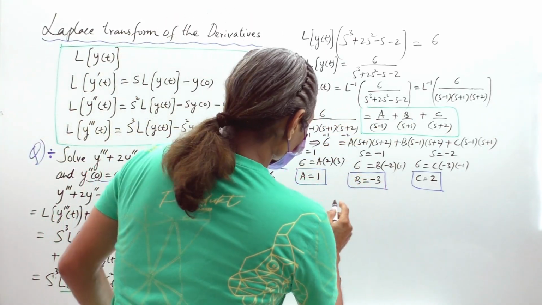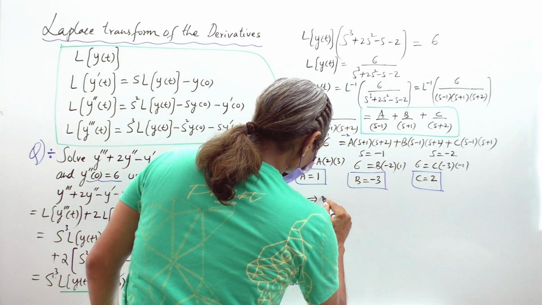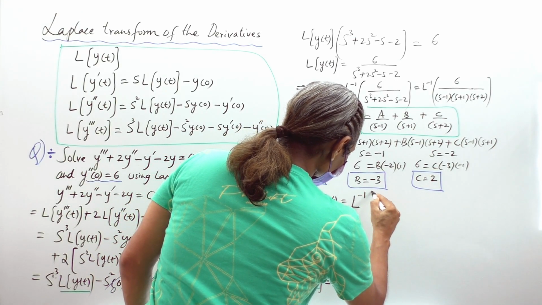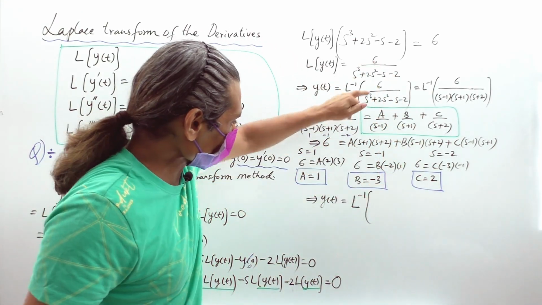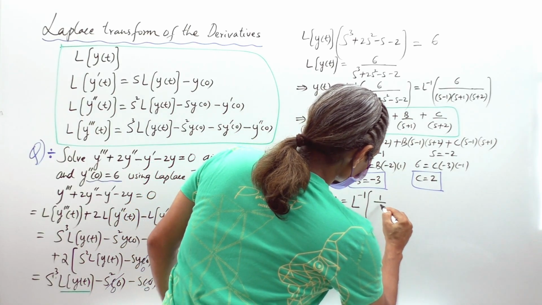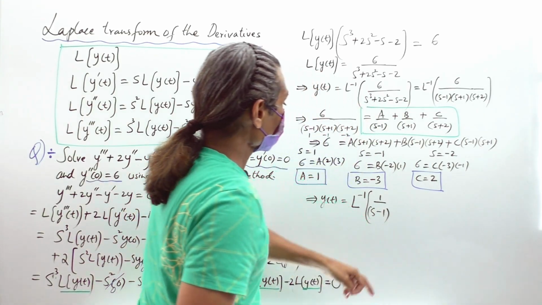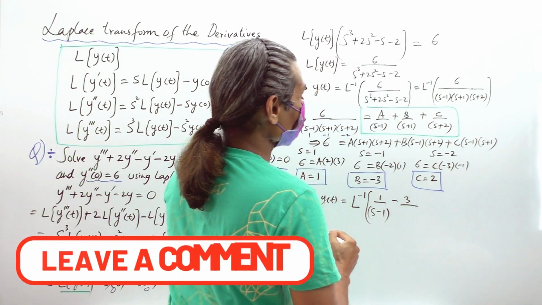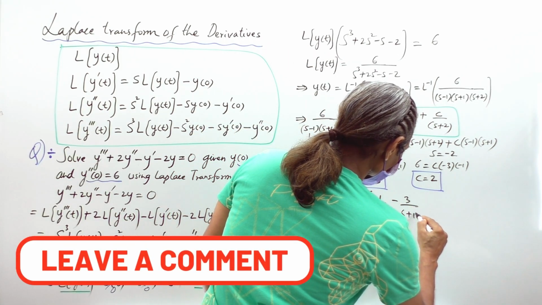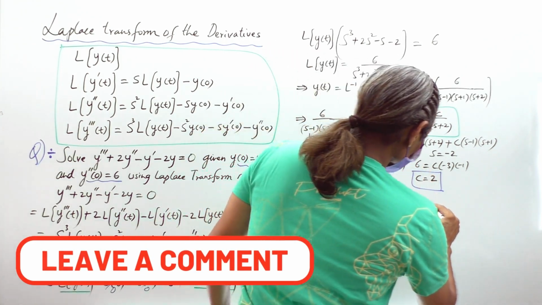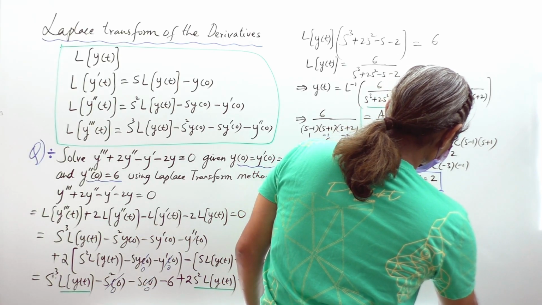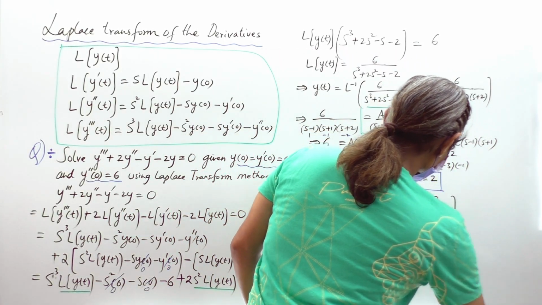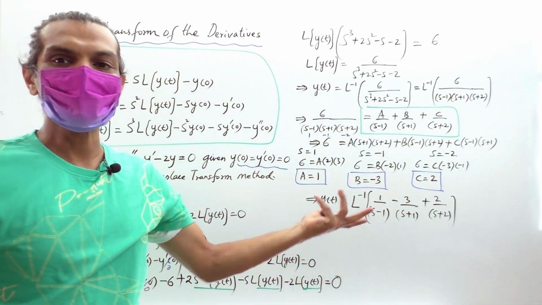So it implies y of t equals Laplace inverse of 1 by s minus 1, minus 3 by s plus 1, plus 2 by s plus 2. Done? Okay. As simple as that.